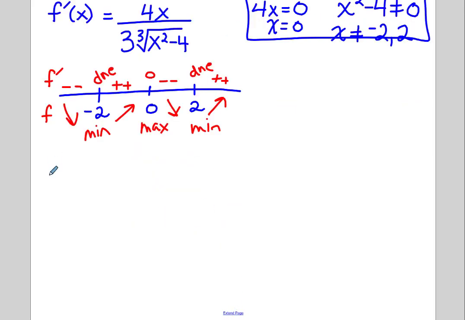And then we can state it out this way. We've got f has a relative max, and if you substitute back into the function at -2, oh, a max was at 0, right?